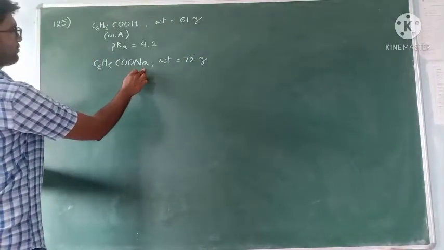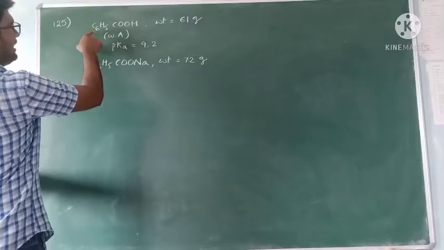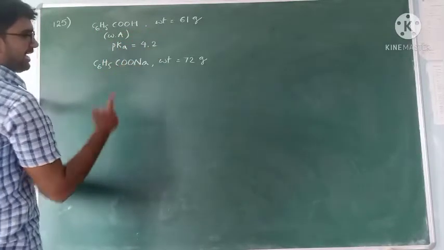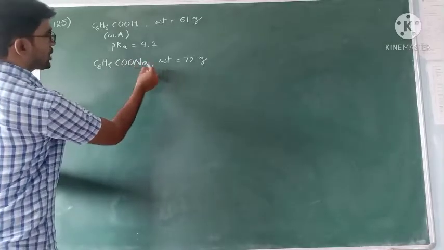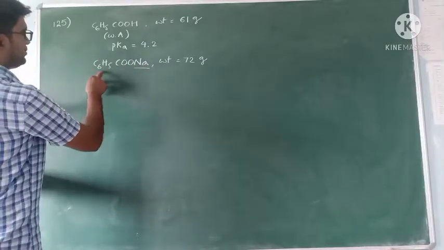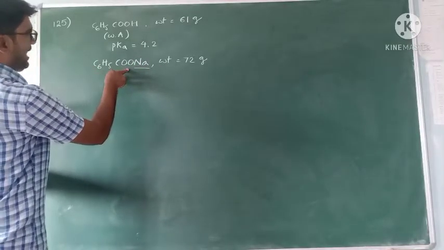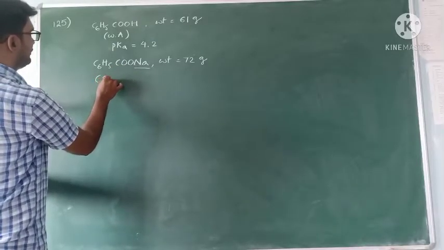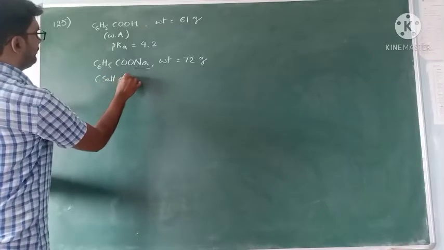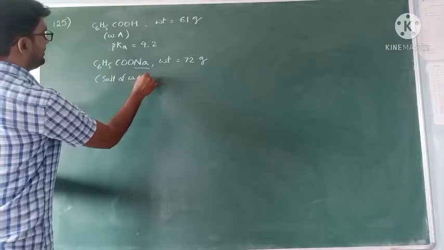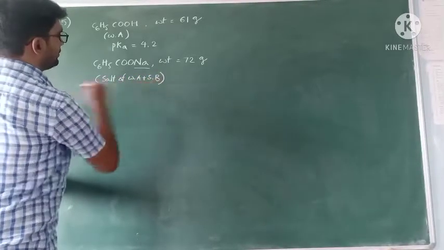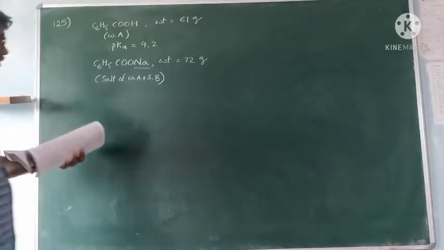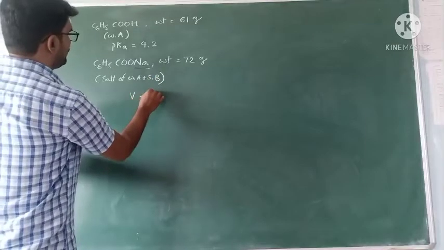Sodium benzoate is formed by the addition of benzoic acid plus NaOH. NaOH is a strong base and benzoic acid is a weak acid. So it is a salt of weak acid and strong base. So total volume is given. Volume is equal to 1 liter.